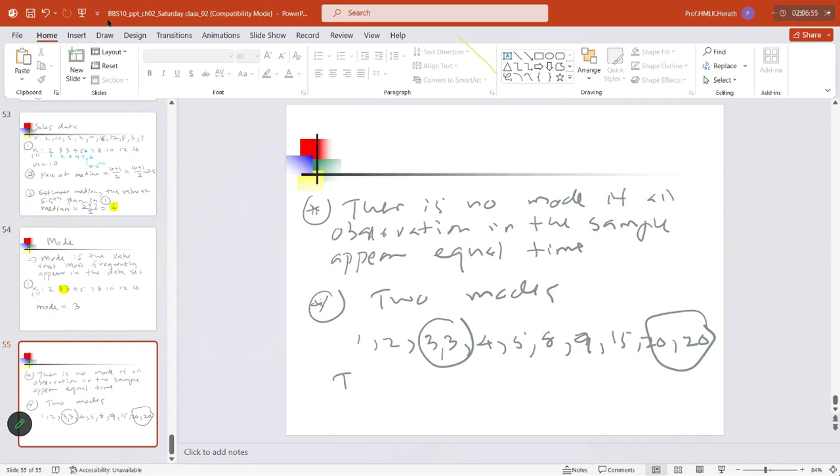So there are 2 modes, 3 and 20. So there may be multiple modes. There may be many numbers that appear the same number of times as the highest. So this is called a multimodal dataset.